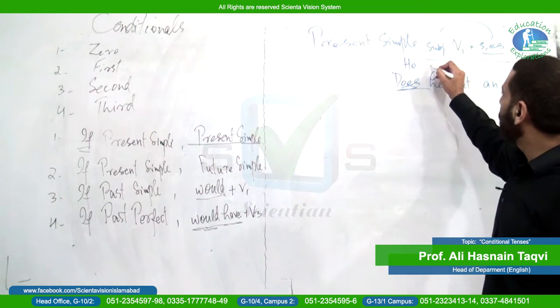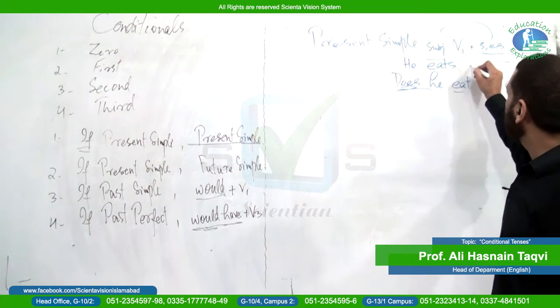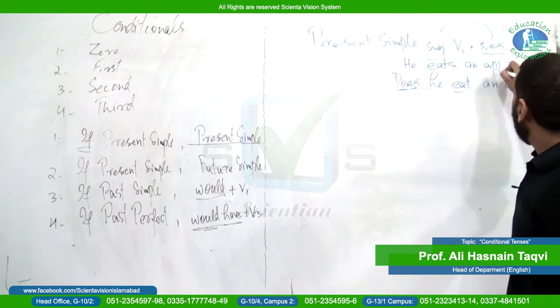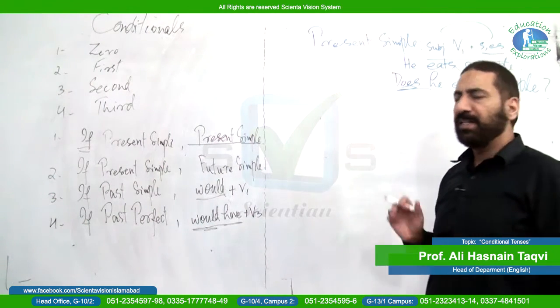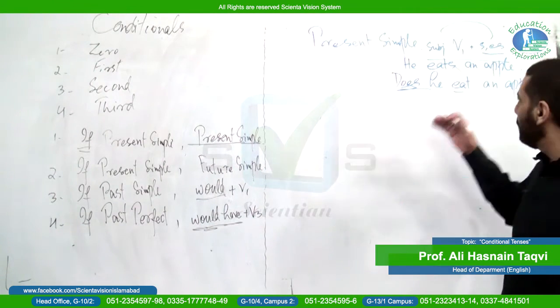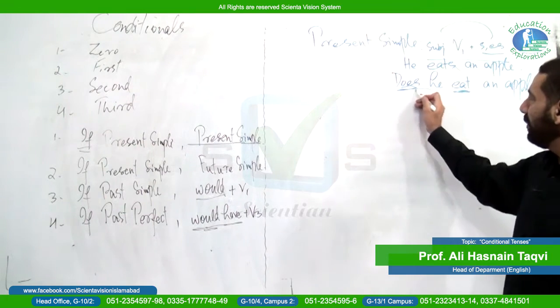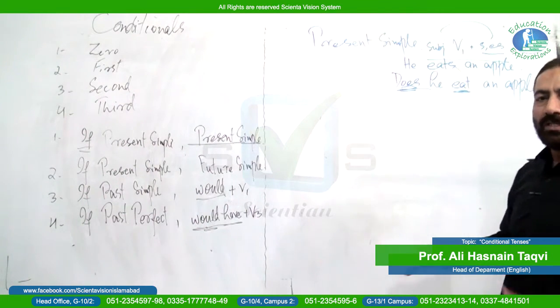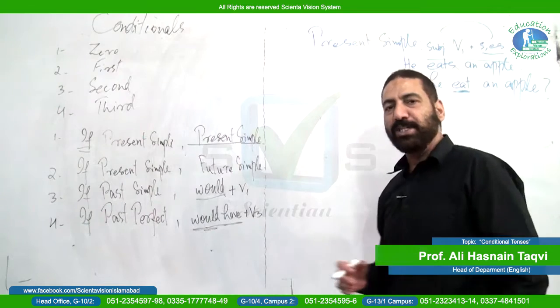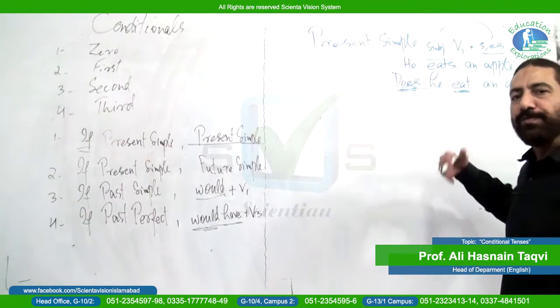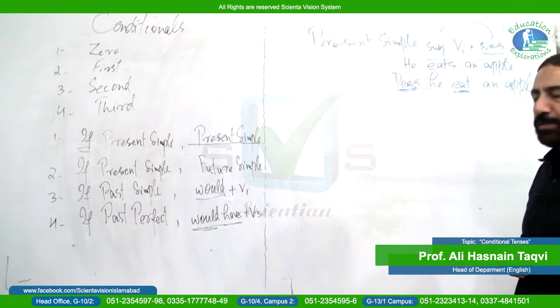Our declarative sentence was he eats an apple. Apparently very simple things, but I tell you, at times you even tend to make mistakes in right use of verb with these basic tense structures. So no harm, and no need to be shy on that account, to review these rules.